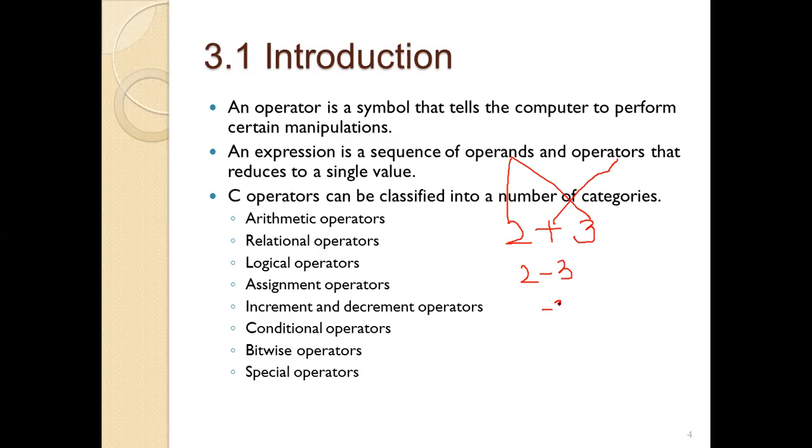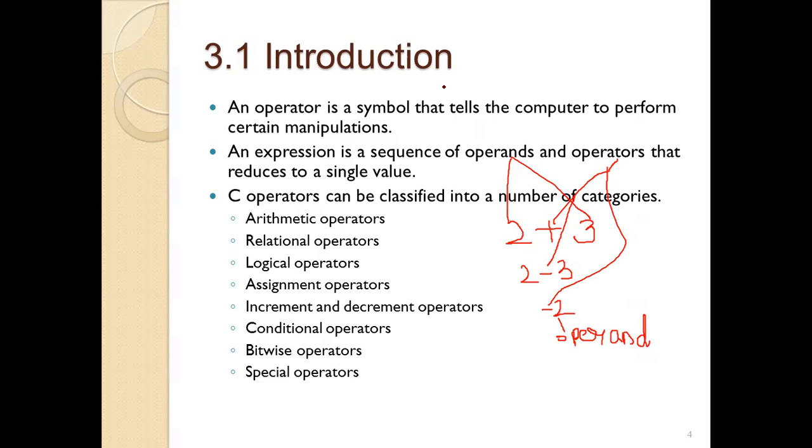If I would like to write a negative number, here this is the operator, and this one is the operand. So we have seen what operand and operator mean, and what their functions are, and for what reason we use them. So operand is the one on which the operator works.